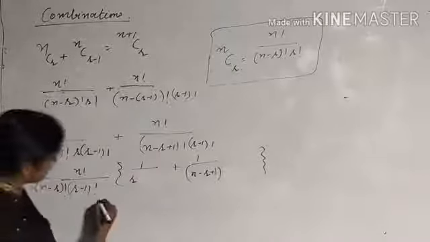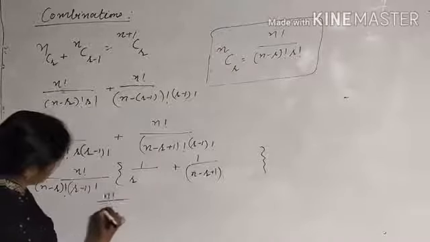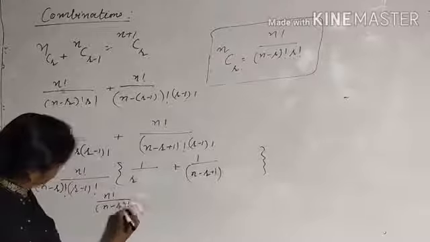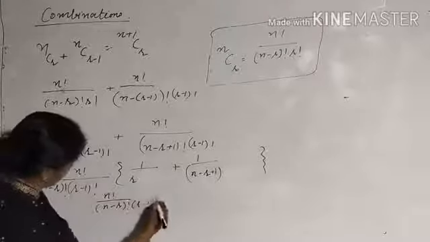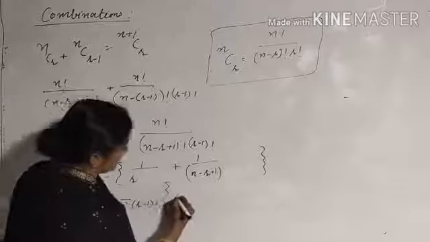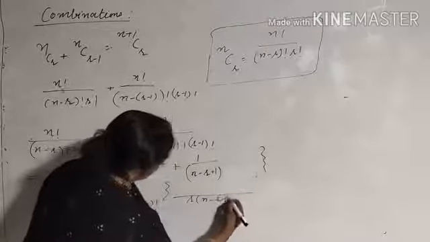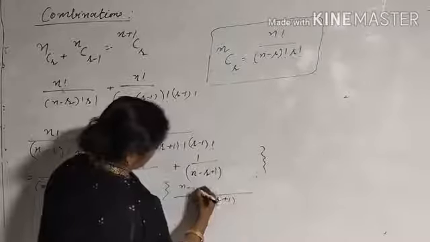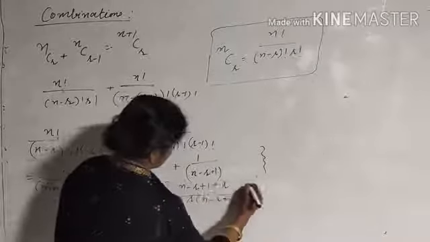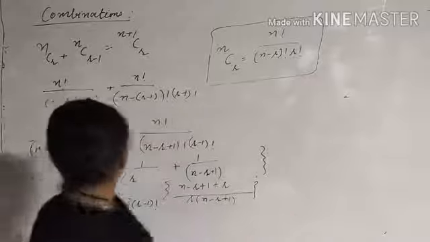Now take the LCM. n factorial, (n minus r) factorial, (r minus 1) factorial. Inside we have r, (n minus r plus 1), and (n minus r plus 1 plus r). So what will it be?